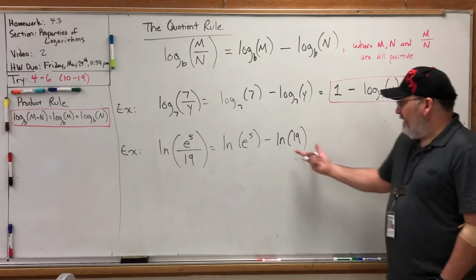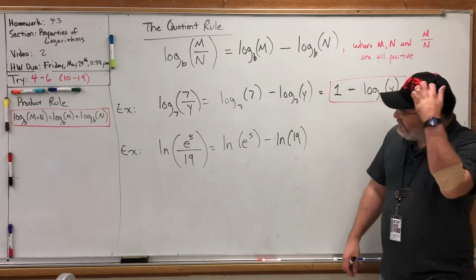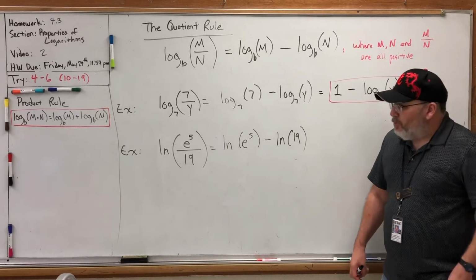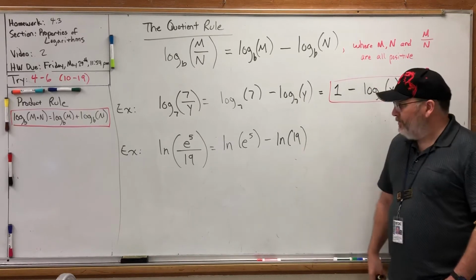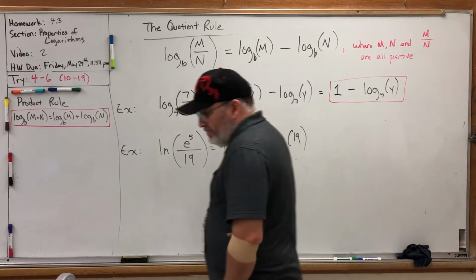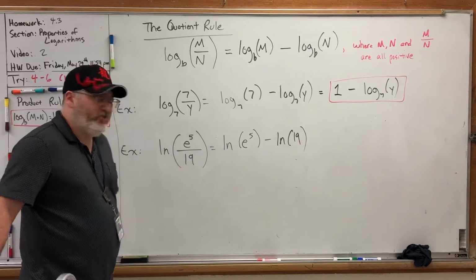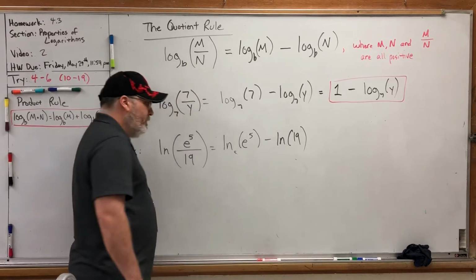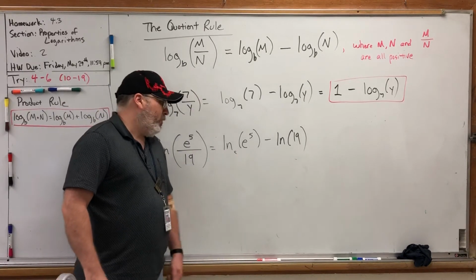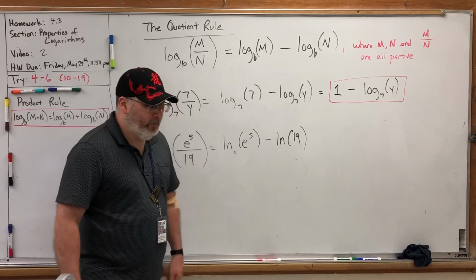The natural log of 19 can be easily evaluated in a calculator, but the directions specifically say to evaluate without a calculator if you can, meaning don't do anything with this. But what about the first one? What's the natural log of e to the 5th? Well, what's the question this logarithm is asking? Remember that its base is an implied e. This logarithm is asking what power turns e into e to the 5th power.